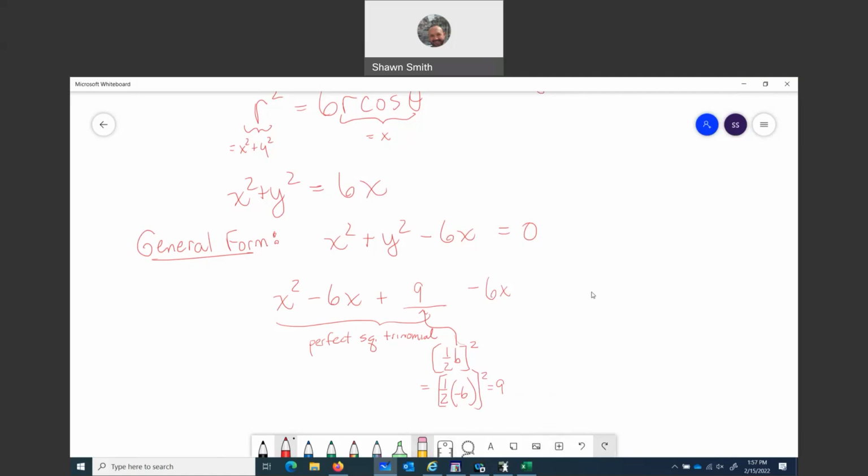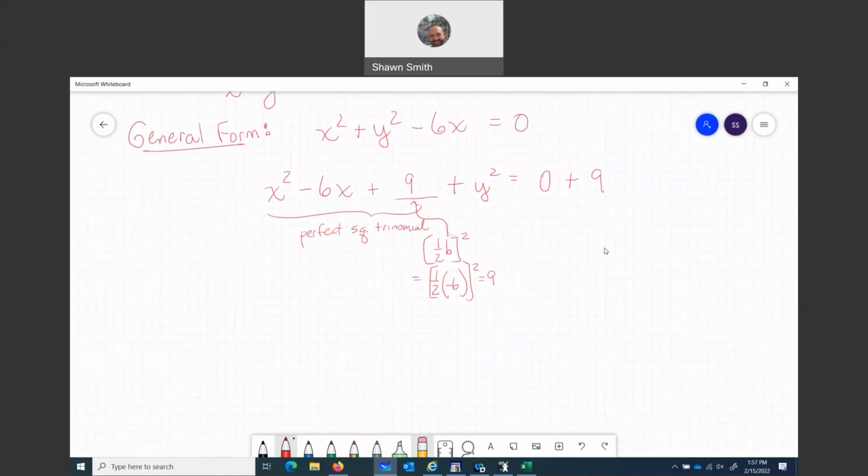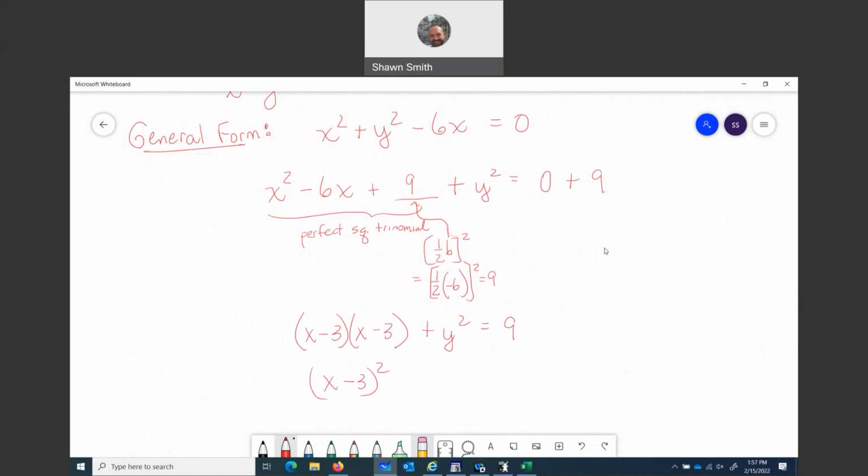Oops, it's not a 6x. If I'm adding 9 to the left, I better add 9 to the right. All right, so if I factor the first 3 terms, they would be x minus 3 times x minus 3 when factored, right? So this is in the format (x minus 3) squared plus y squared is equal to 9.